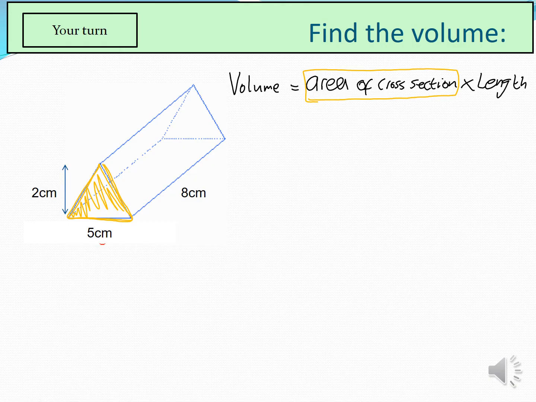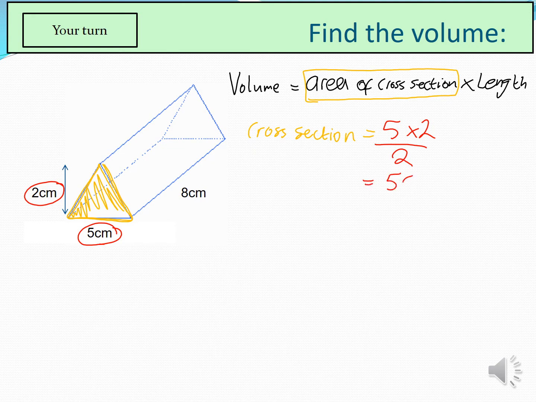So cross section equals base, the base to be 5 centimeters, the height is 2 centimeters. 5 times 2 divided by 2, and that is equals to 5 centimeters squared. So our cross section is 5 centimeters squared.